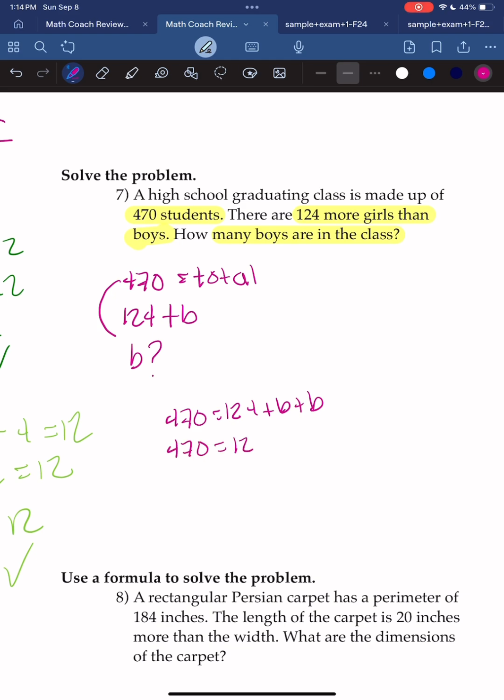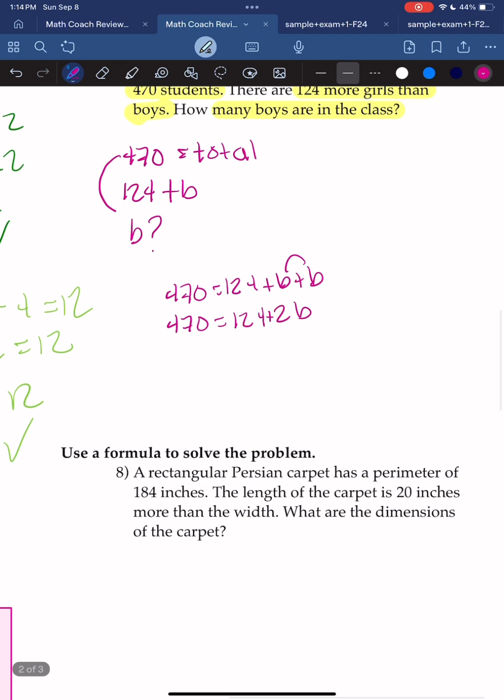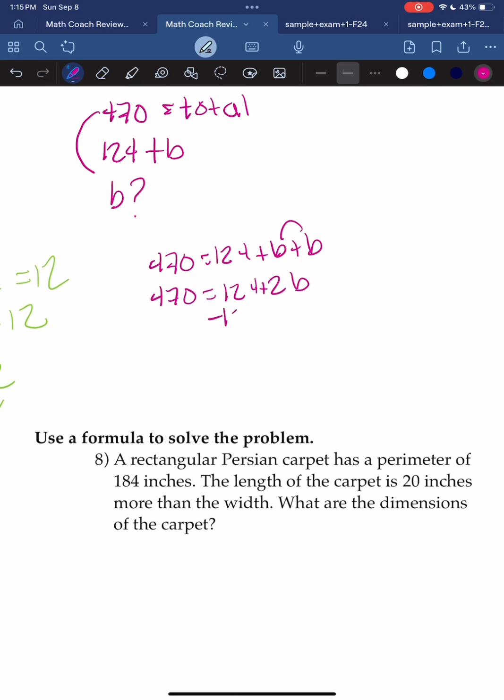So B plus B is 2B. Don't forget the addition sign. And now we subtract 124 from both sides. Minus 124, minus 124.